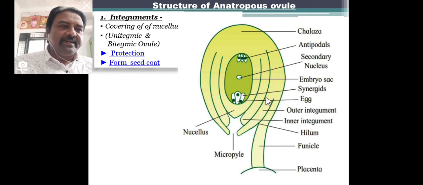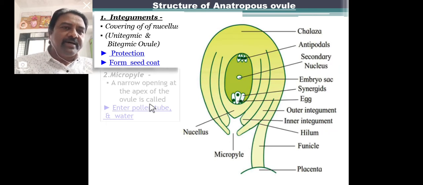This is a bitegmic ovule. What is the function of integuments? Integuments enclose the nucellus. After fertilization, seed formation takes place. At that time, both or the single integument are converted into the seed coat.